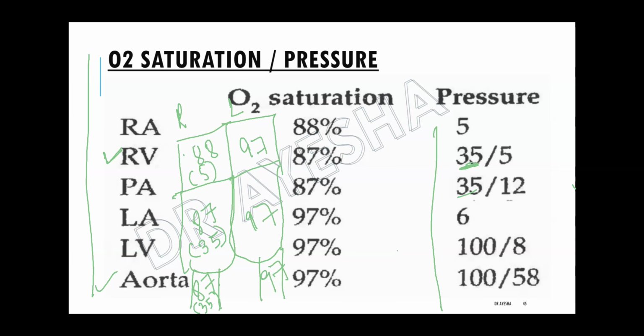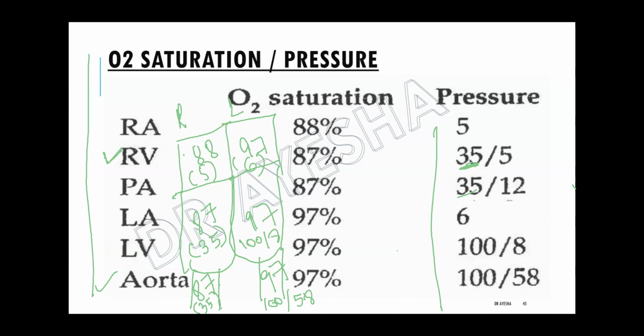Now back to the left side. The left atrium pressure is 6. Left ventricle pressure is 100 by 8, and the aorta pressure is 100 by 58. So you have traced the pressures. That was your next step.